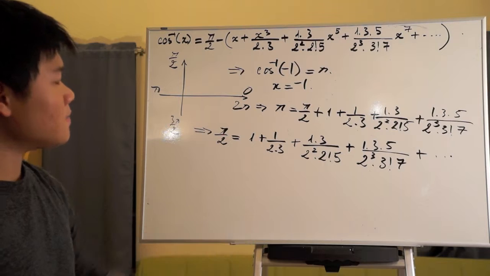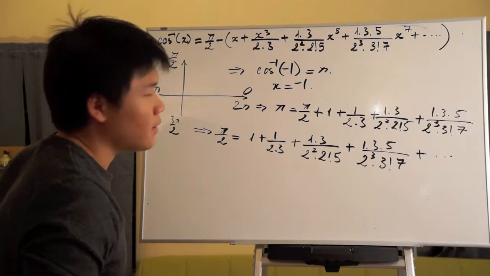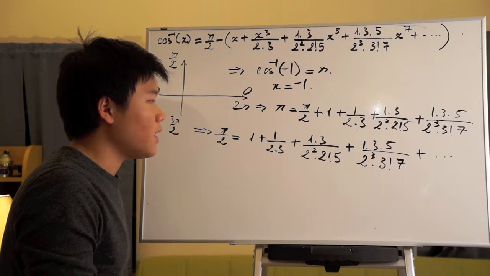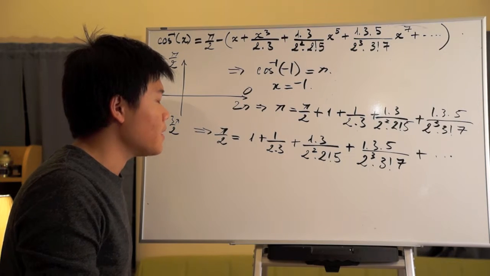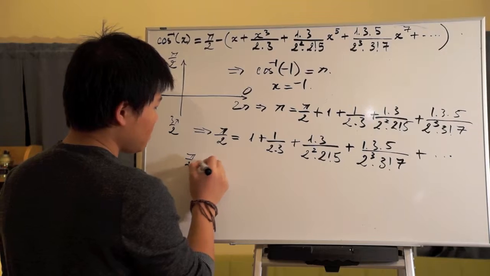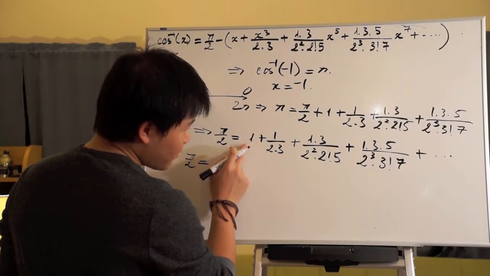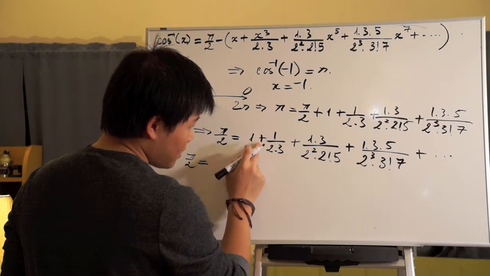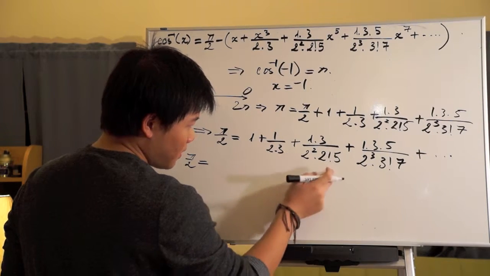So we have some quite complicated series. We can formalize the format of this pattern. So we can write pi over 2 equal to, let's write a format. Here we have a 1. We have 1 plus 1 over 2 times 3 plus these.